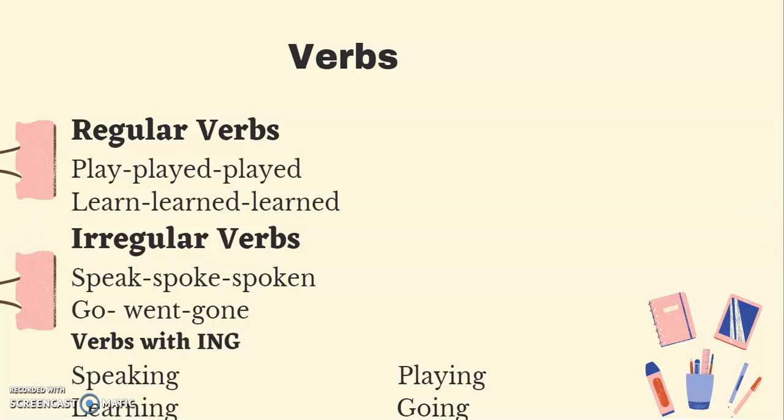Okay, maybe you think about the differences between both. We can use regular verbs and irregular verbs using simple past. When we use regular verbs, we need to add ed at the end of each verb. And when we use irregular verbs, all the irregular verbs change.